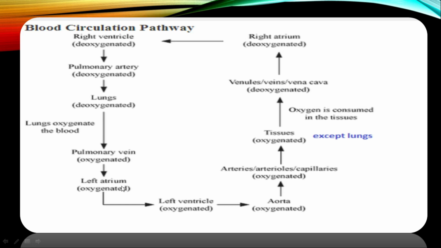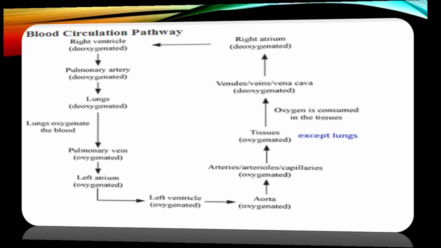So now the second cycle is completed. Hence the blood is moving twice through the heart, once oxygenated, second deoxygenated, so it is known as double circulation. Diagrammatic representation of double circulation.